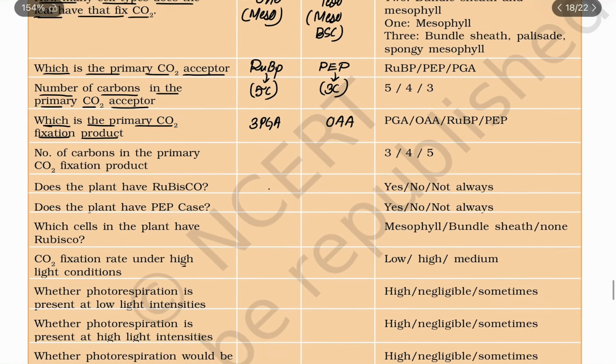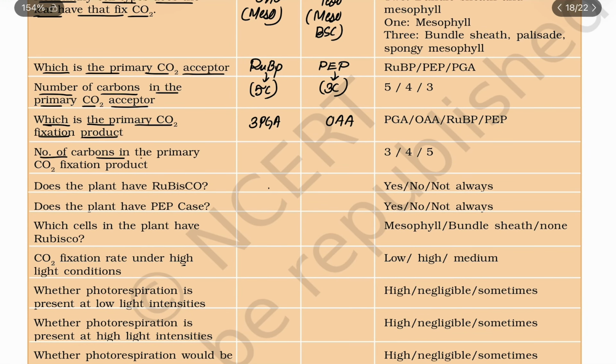Next, the number of carbons in the primary fixation product. In C3 plants, phosphoglyceric acid contains 3 carbons. But in C4 plants, oxaloacetic acid contains 4 carbons. That is why it is known as the C4 cycle.